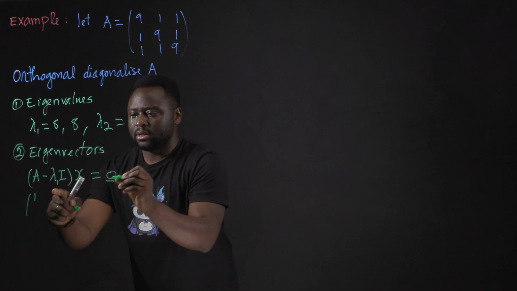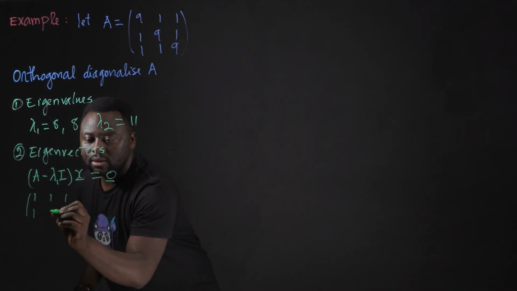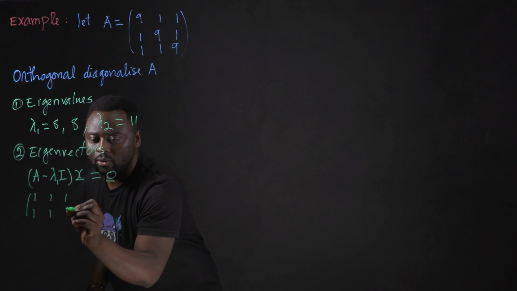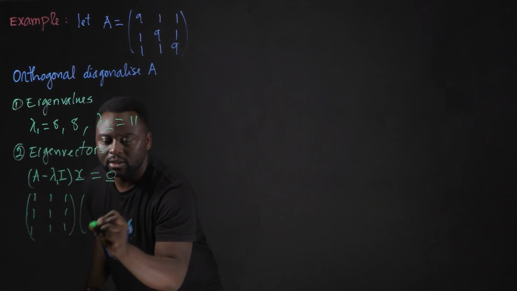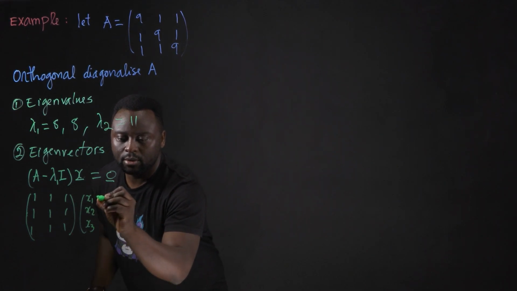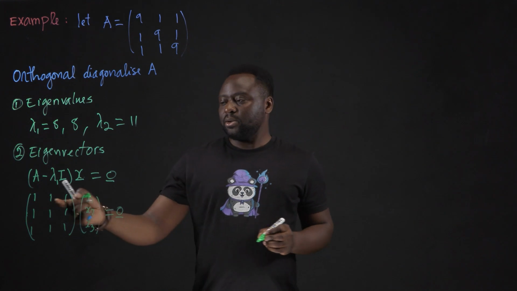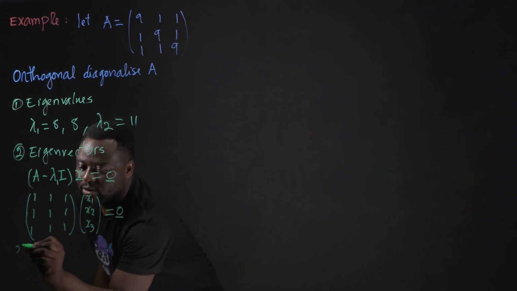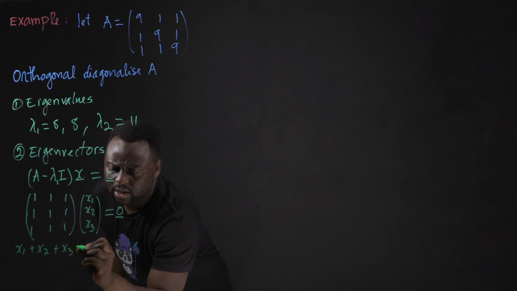The second one is 1. 9 minus 8 is also 1. All this multiplies x1, x2, x3, and equals the 0 vector.